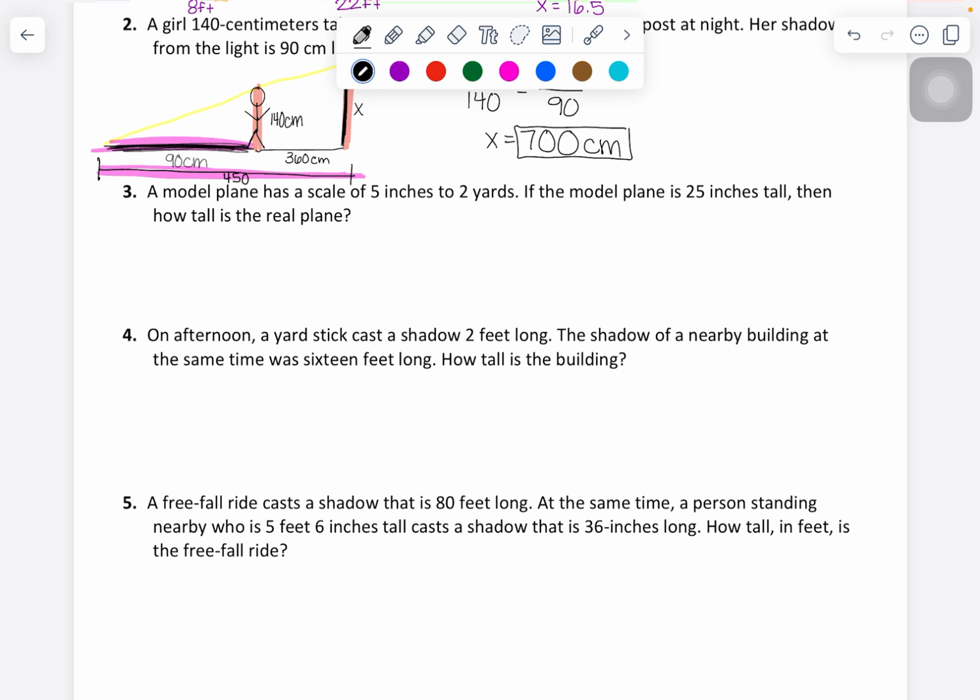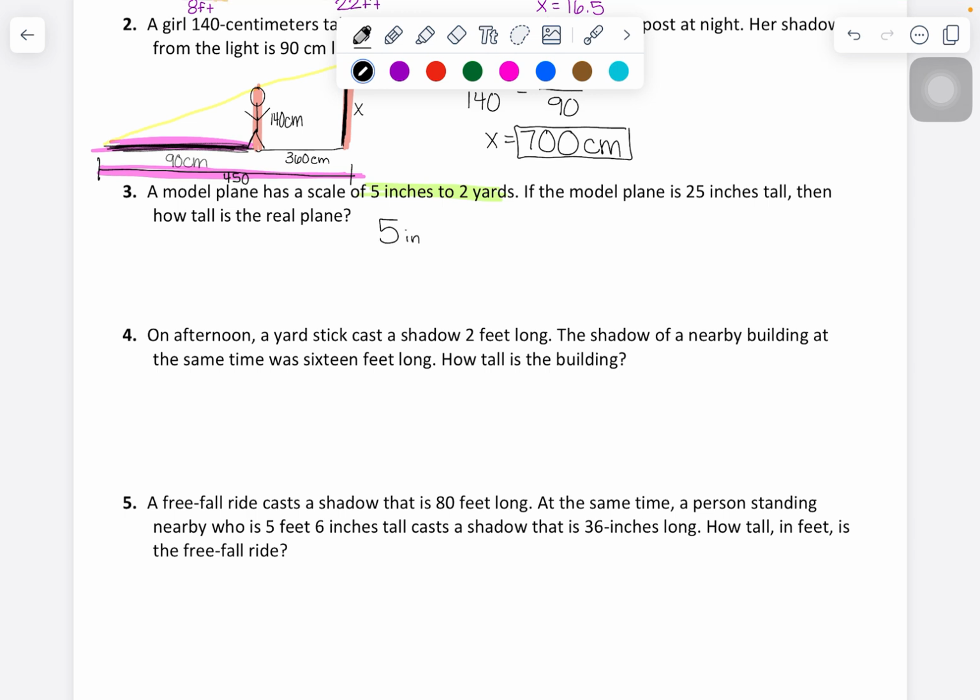Now, you have to make sure you're matching up things that work together, like height of model, height of plane. Those go together. Scale of model comes in 2 different numbers. So, when it's a scale problem, the scale itself, in this case, 5 inches to 2 yards, that can become one of your fractions. 5.